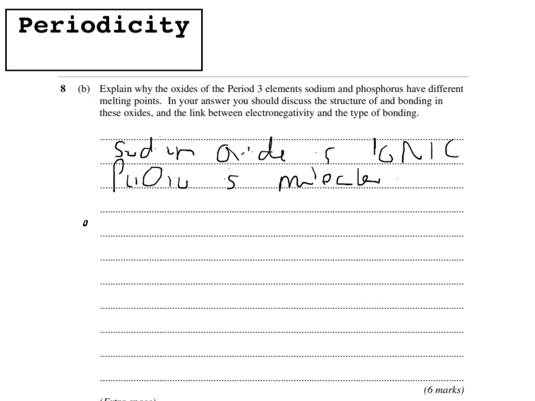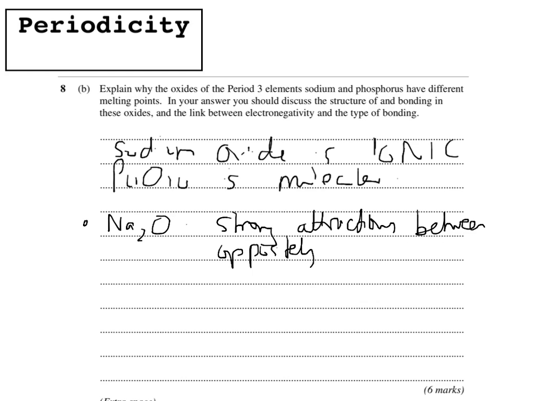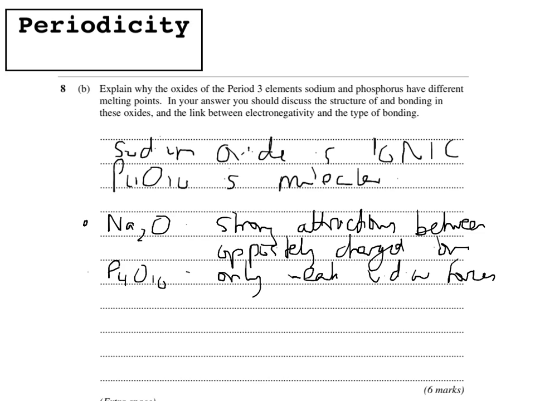So in sodium oxide, there's strong attractions between oppositely charged ions. In P4O10, only weak van der Waals forces holding it together, and so Na2O has higher melting point.